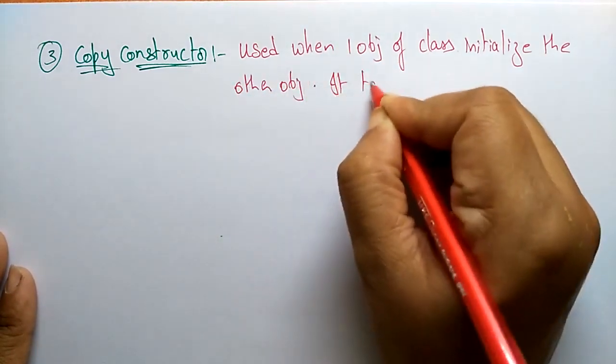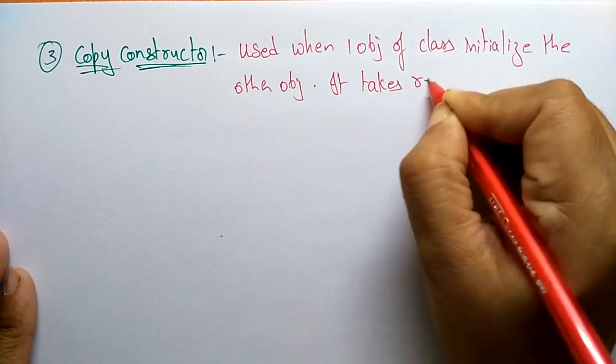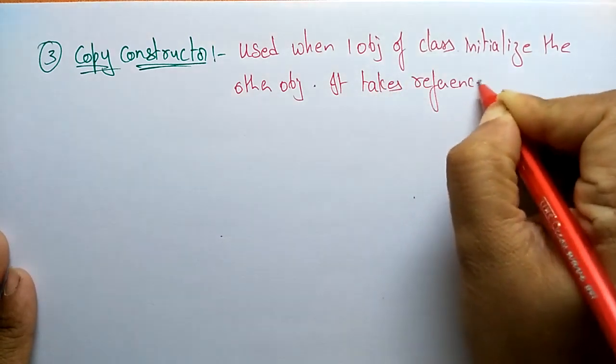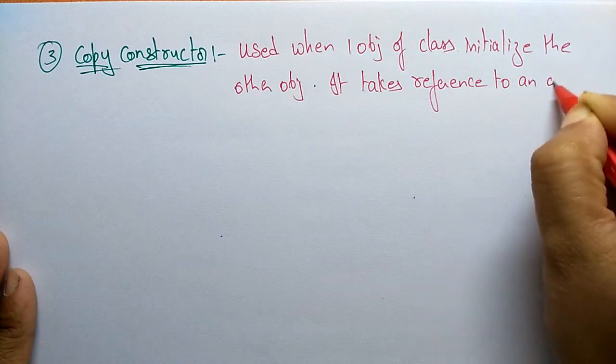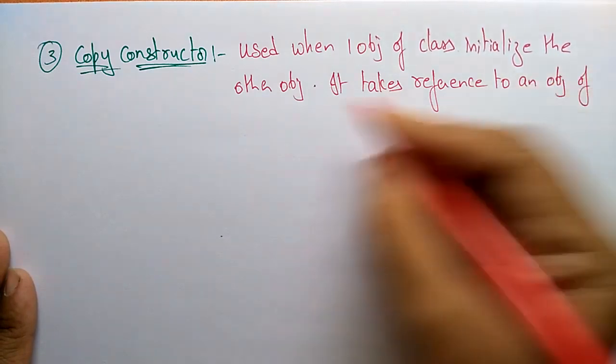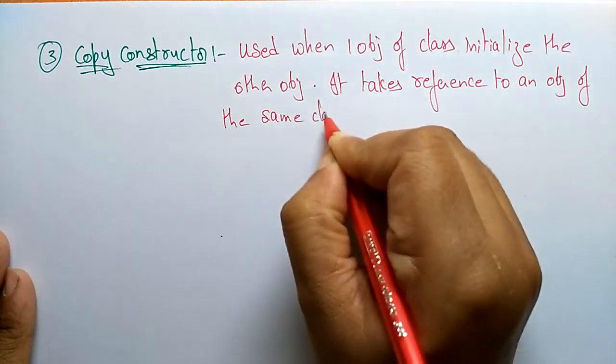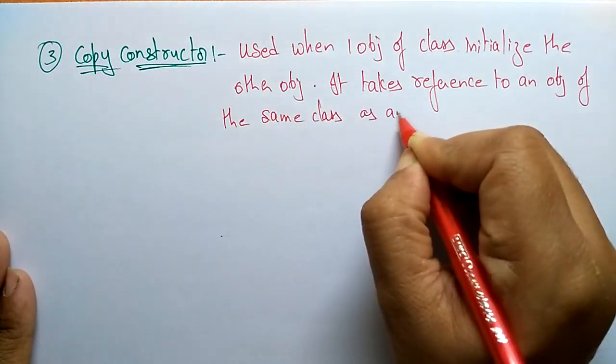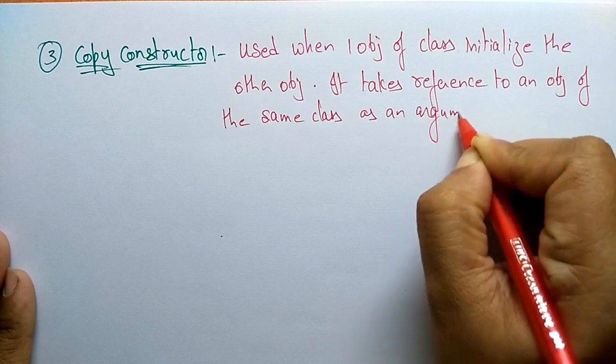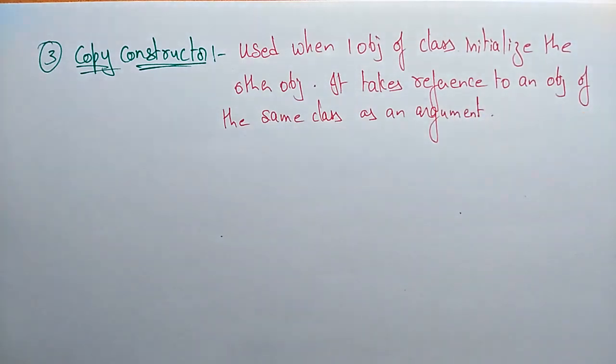It takes a reference to an object of the same class as an argument. So copy constructor means one class object is initialized with another object of the same class. It takes a reference to an object of the same class as an argument.